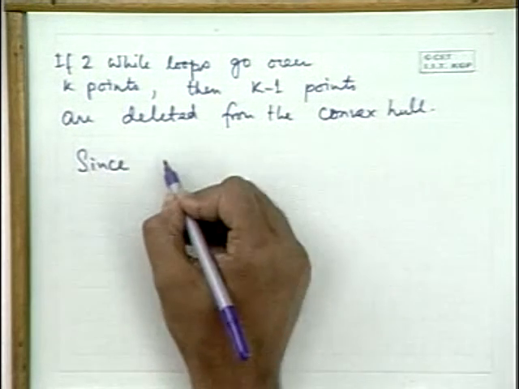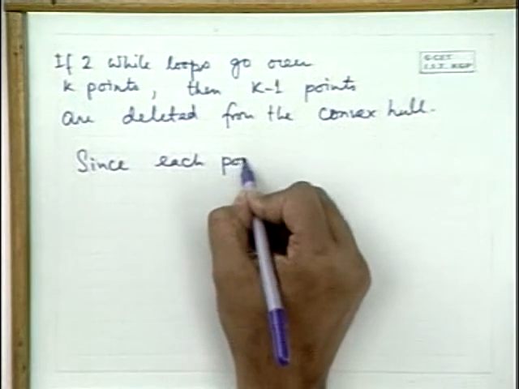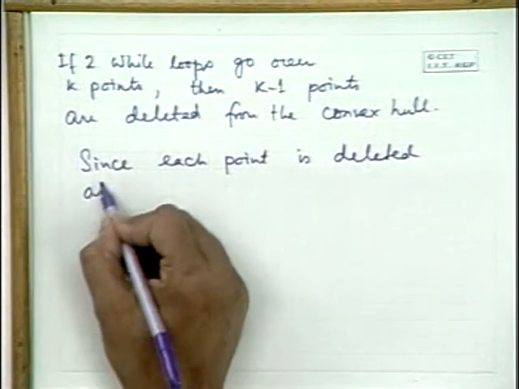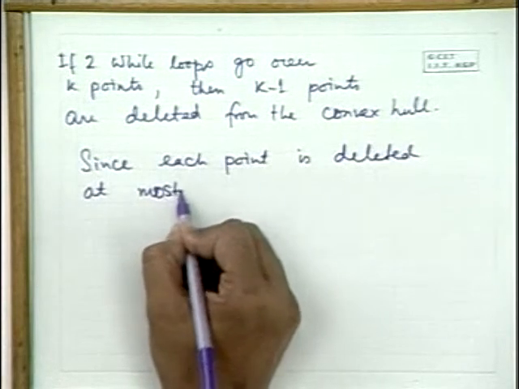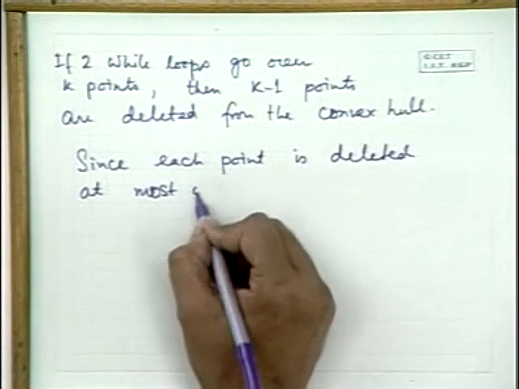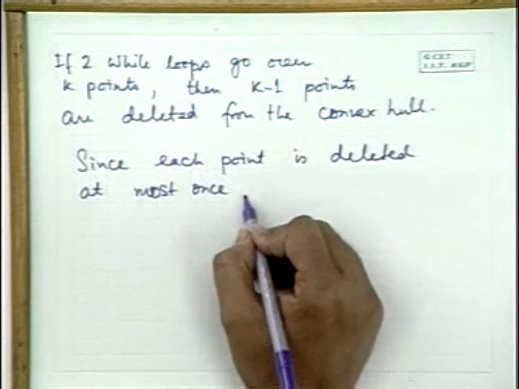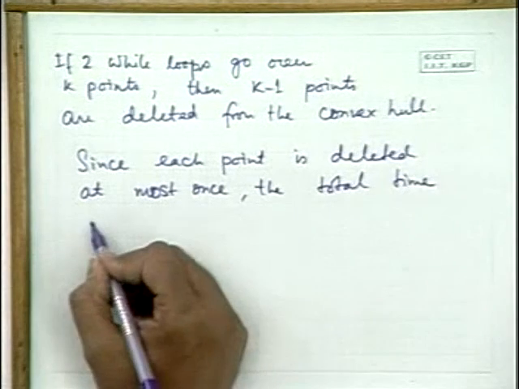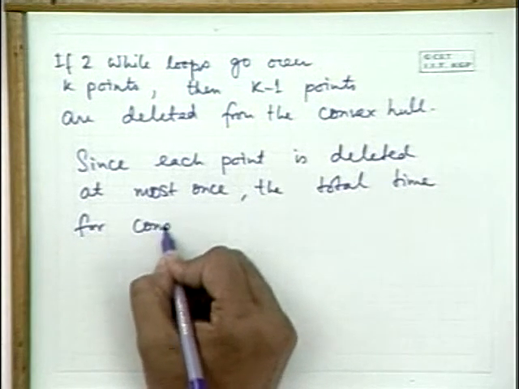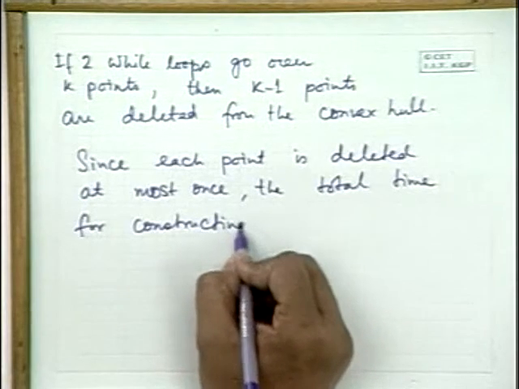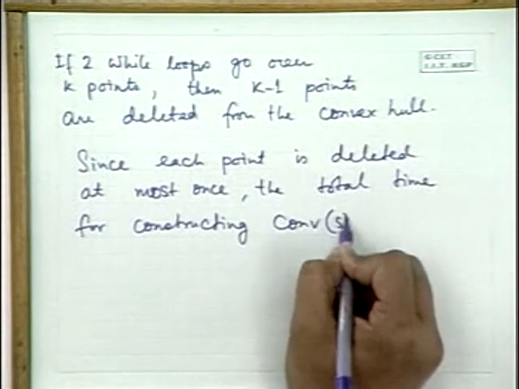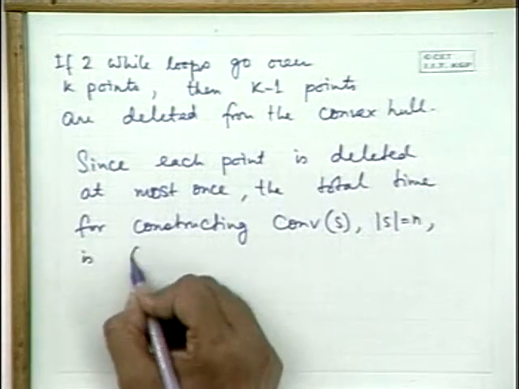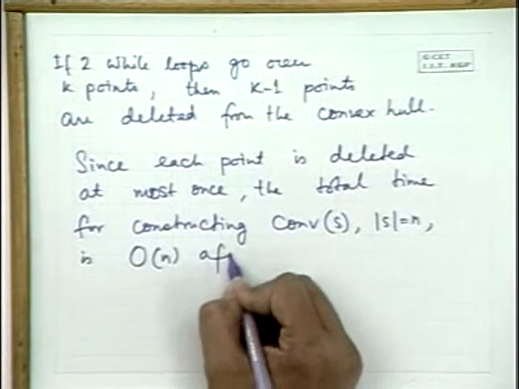Since each point is deleted at most once, this is the catch, each point is deleted at most once, the total time for constructing the convex hull of S, where the size of S is n, is order n after sorting.